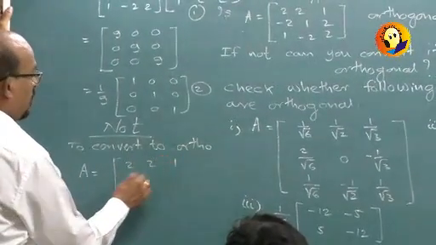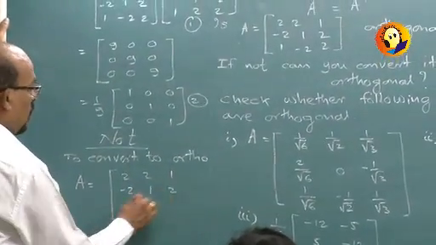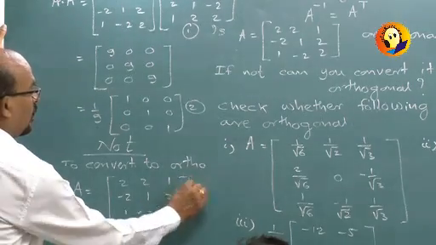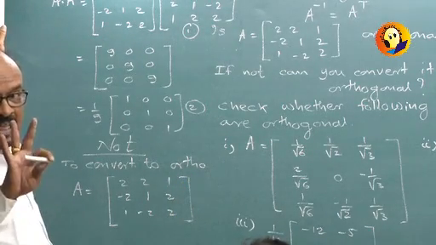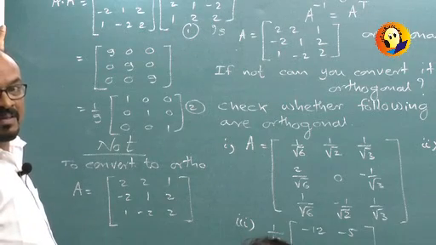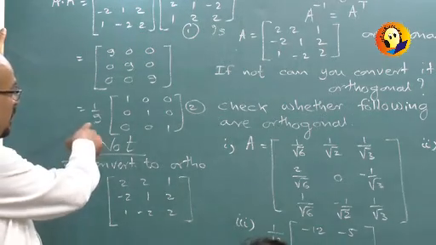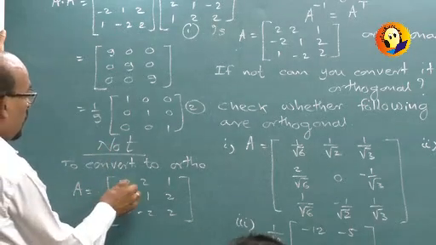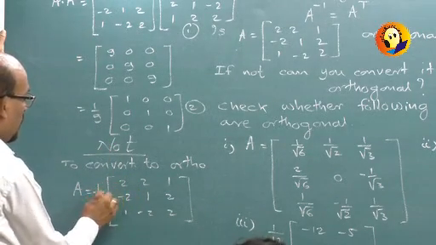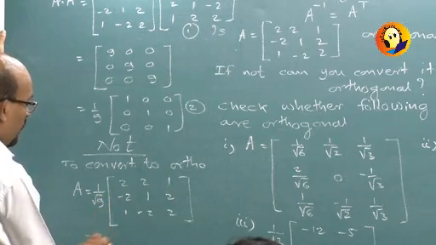What will be matrix A? [2 2 1; minus 2 1 2; 1 minus 2 2]. We should divide by 3. You will have to take the root of it. Here it is mod square, so to convert it to orthogonal, it should be 1 upon root 9. So you divide by 3.